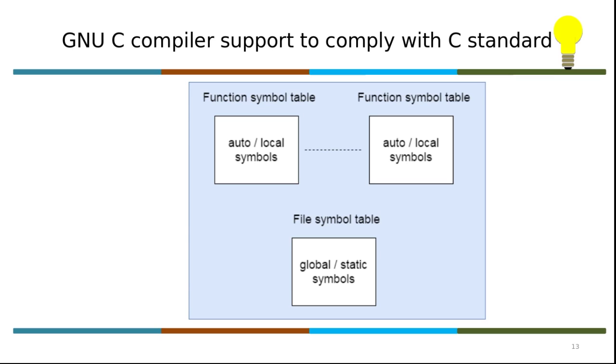But in the file symbol table, it will store all static, file static, function static, and global symbols. When a relocatable object file or a compiled object file is generated, these local symbol tables will not be retained because their job will be over once the compiler generates the code for that function.